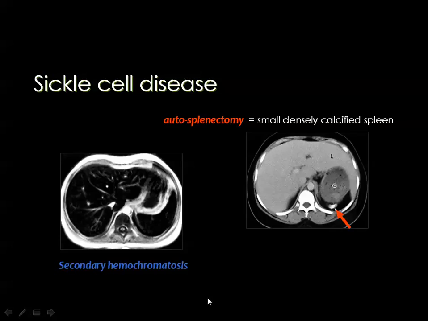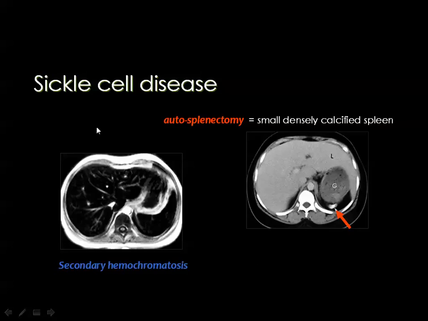Then autosplenectomy means that the spleen is small and is densely calcified. And you can see here, this is the spleen, which is very small and calcified in a case of sickle cell disease, representing autosplenectomy.